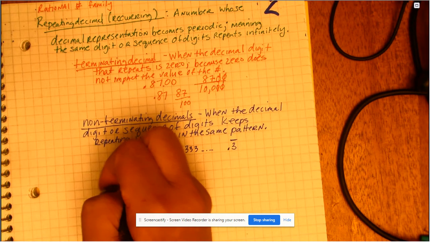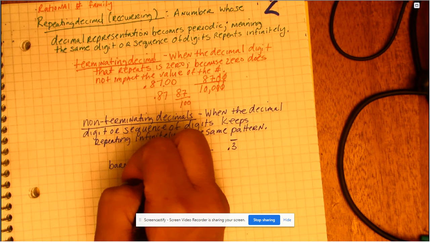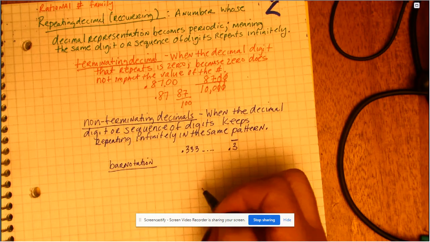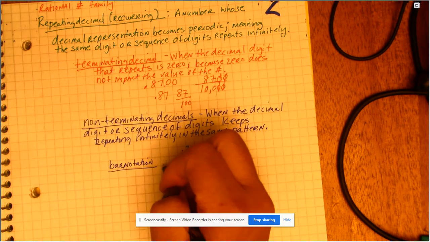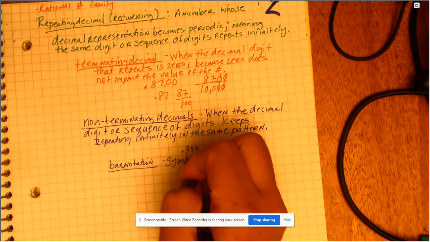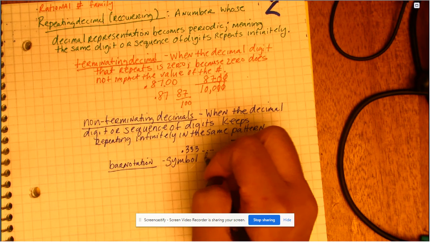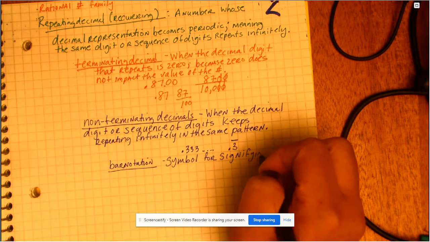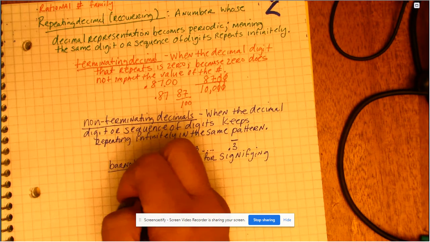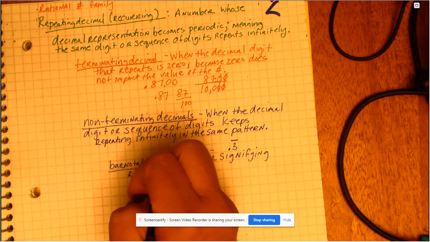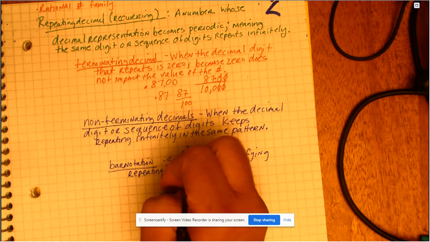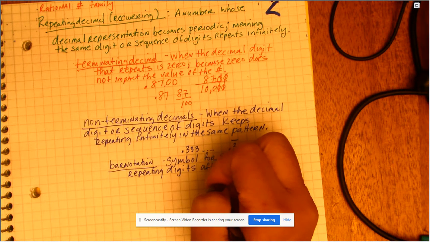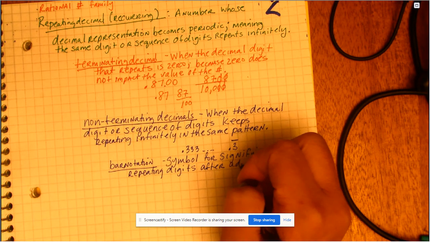Okay, so bar notation, I realize I didn't put much of a space there, but it's bar and then the second word is notation, is the symbol for signifying repeating digits after a decimal.